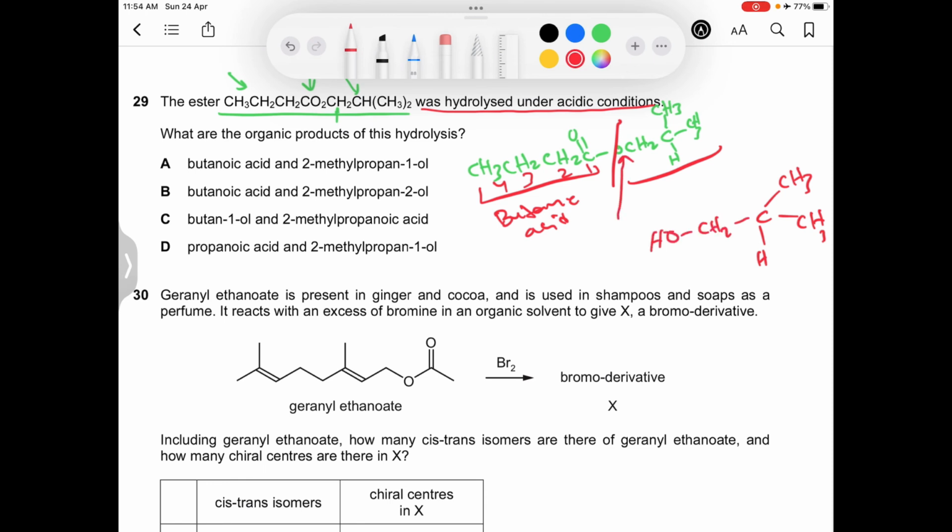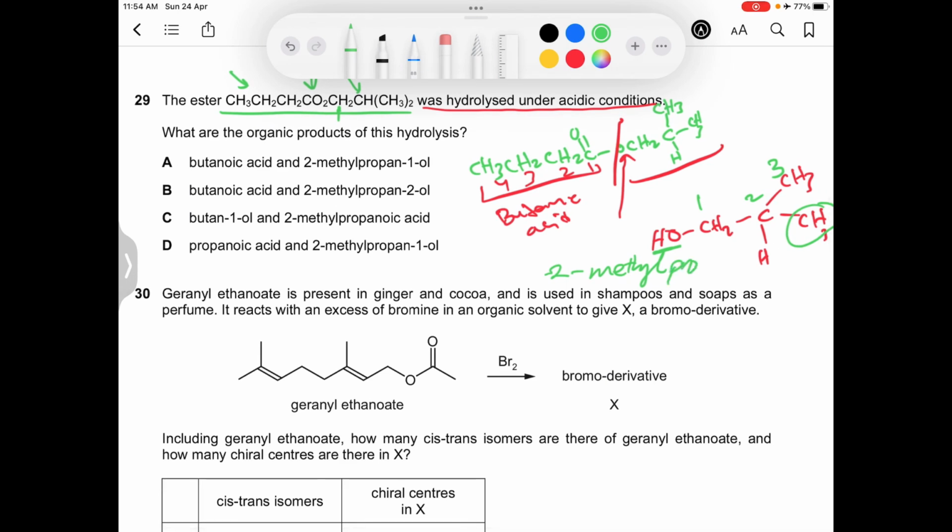You put the OH in here. So if you start counting, or let's name this compound, we start counting from the closest to OH, 1, 2, 3, then it's propanol, and you have a branch on the second, so this is 2-methyl propan-1-ol.